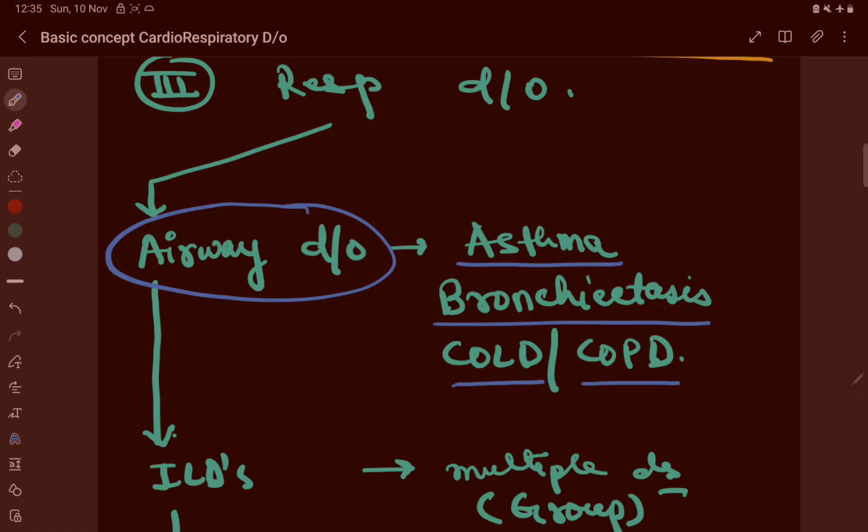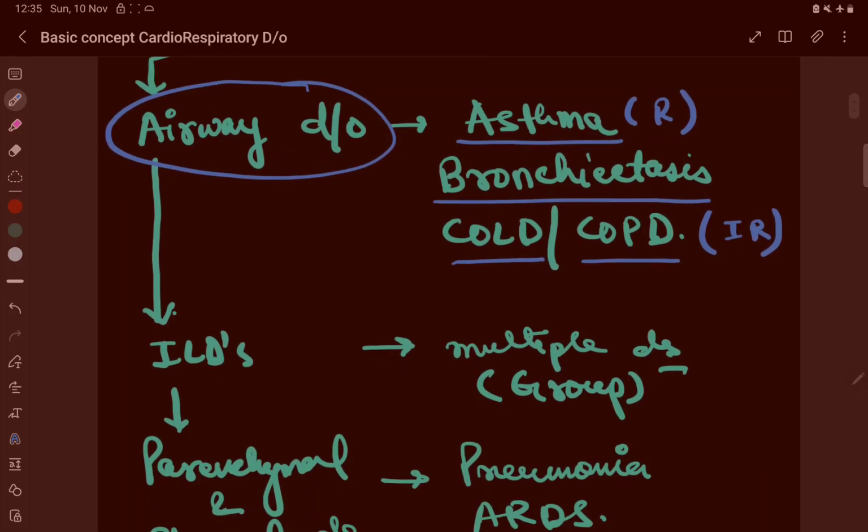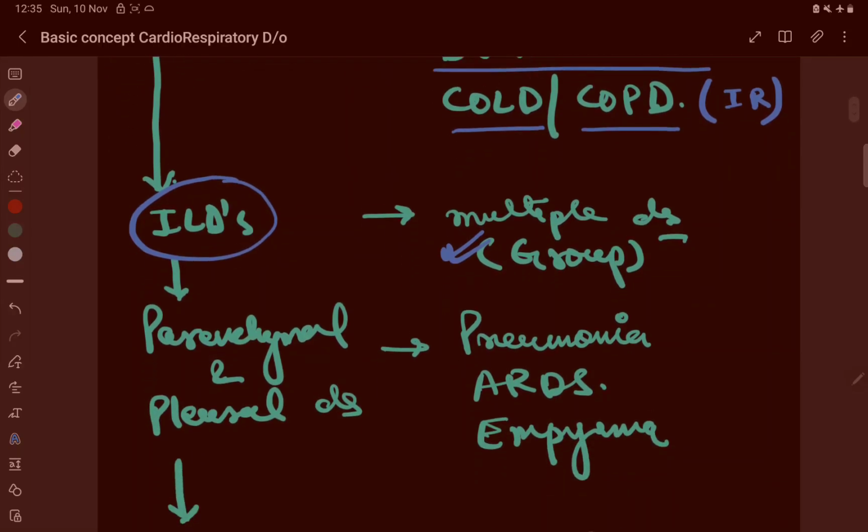Remember, asthma is reversible and COPD is irreversible. Just to be clear, in the ILDs, interstitial lung diseases, there are multiple groups of disorders, so we'll discuss later.